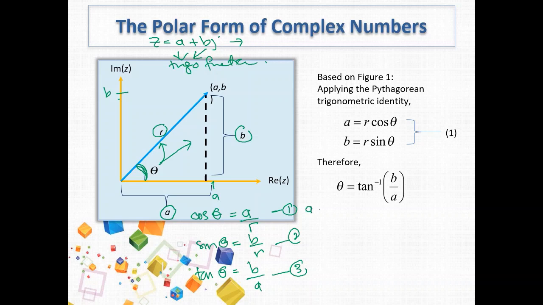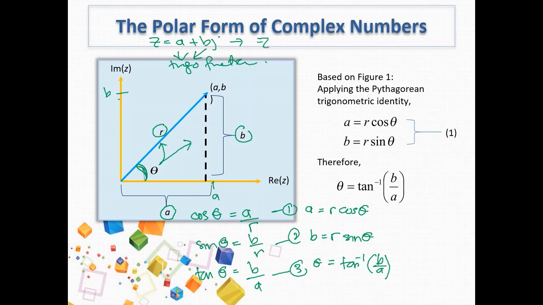So a here, if we rearrange, is equivalent to r cos theta. From the second, we want to know b, our unknown is b, the imaginary part. We rearrange this, and it is equivalent to r sine theta. And as usual, the theta is arctangent of b over a.